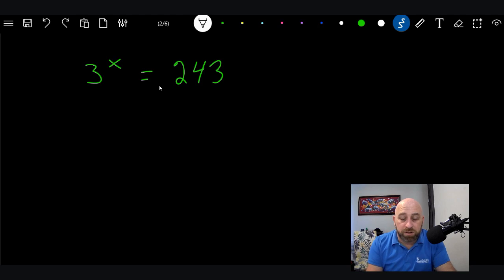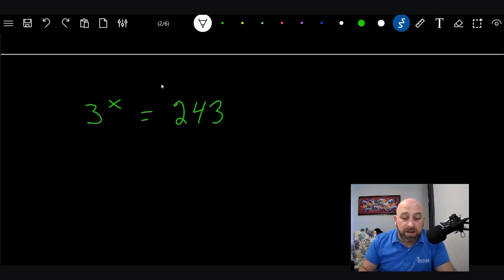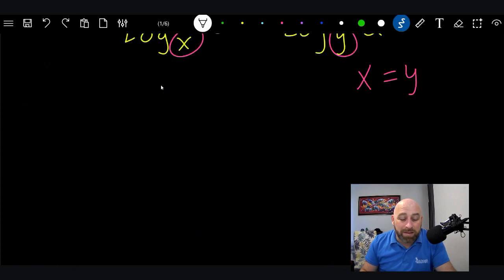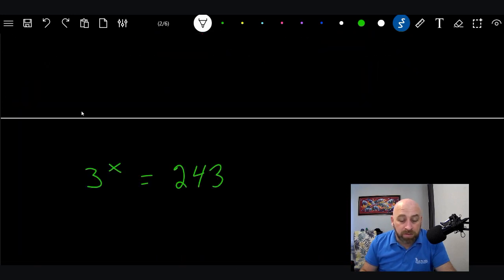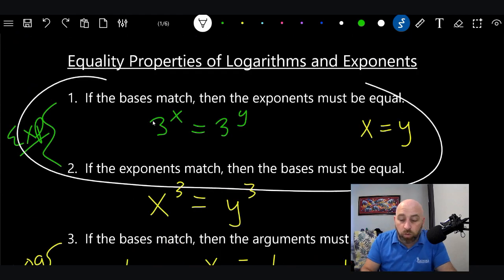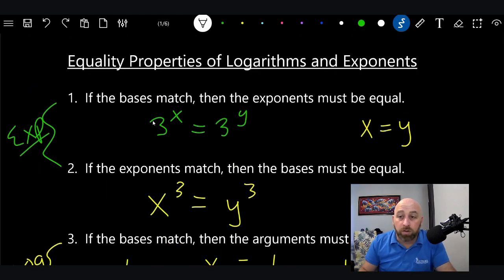Well, what we should do is try to find one of these principles up here that we can make this thing match up with. Well, it's an exponential, so what does that mean? We're going to use either 1 or 2, because it's exponential.